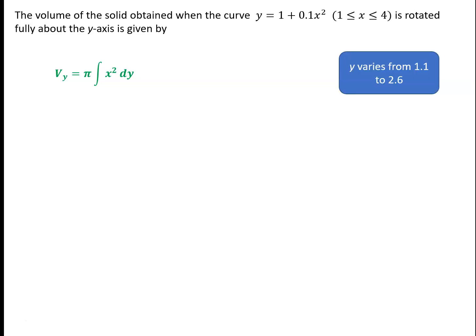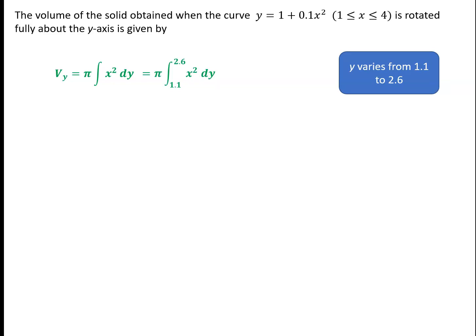Now, when x is 1, the value of y is 1.1, and when x is 4, the value of y is 2.6, and since y is an increasing function of x, that means that y varies from 1.1 to 2.6 without going outside those values. So the limits then are 1.1 and 2.6.